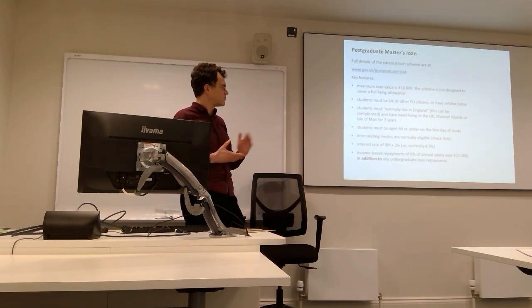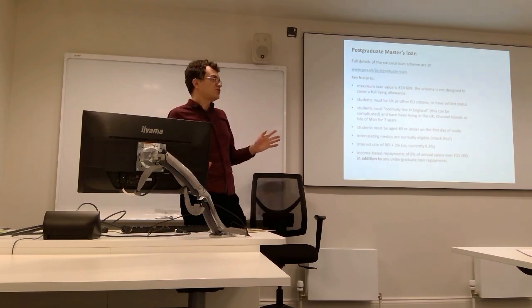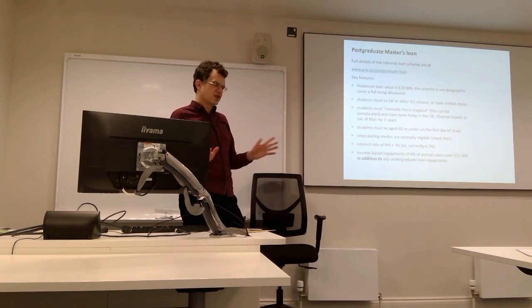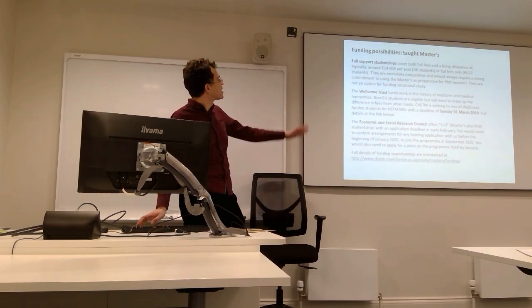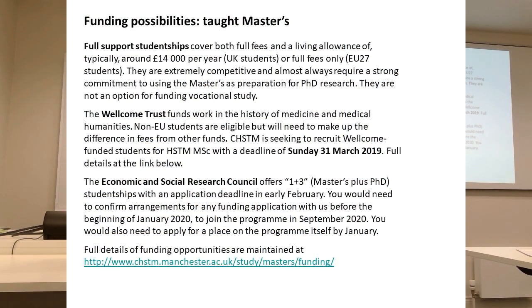Okay. Most of our students either save so as to be able to study on the programme, or they take the part-time route and are doing a significant number of part-time paid hours at the same time. There is a quite limited, but useful to know about, range of funding possibilities. There are some full support studentships.